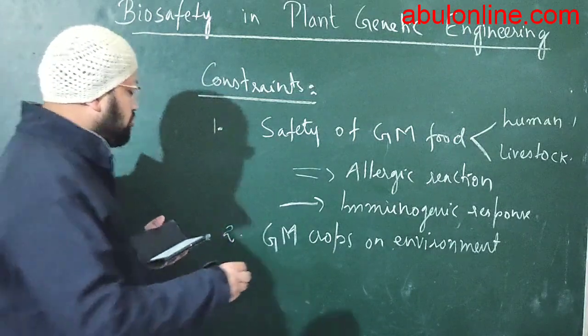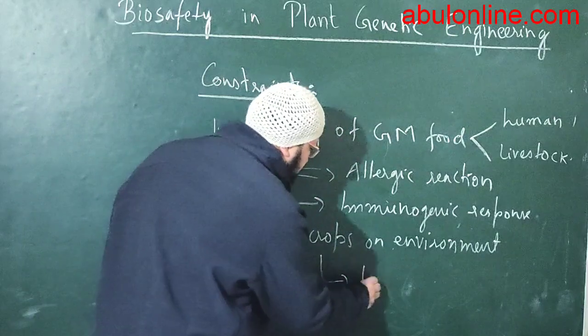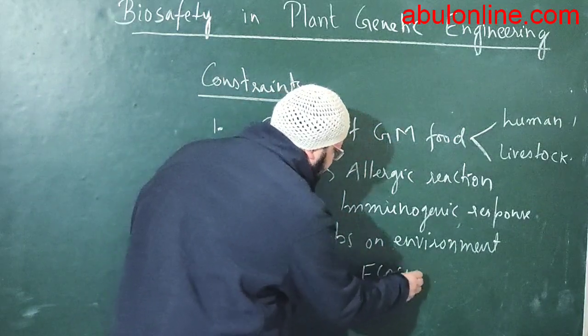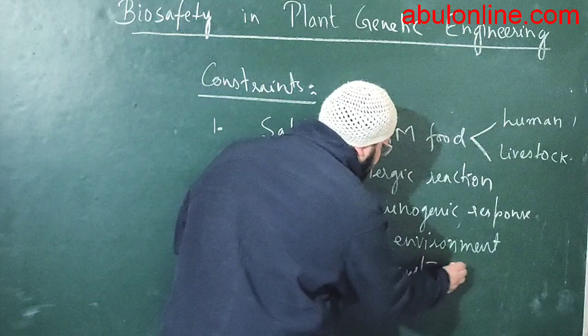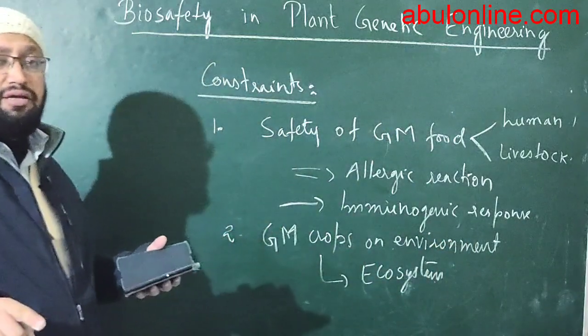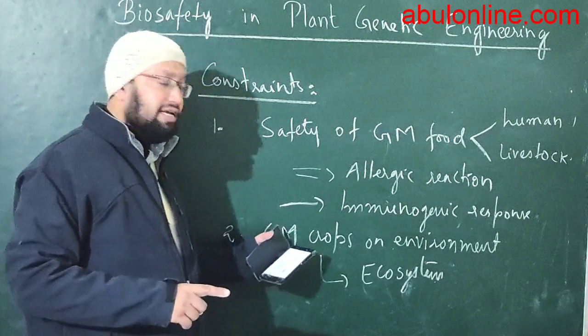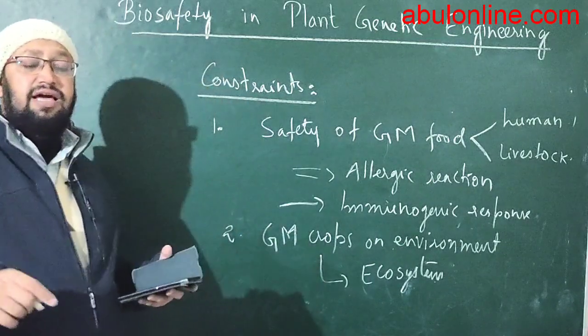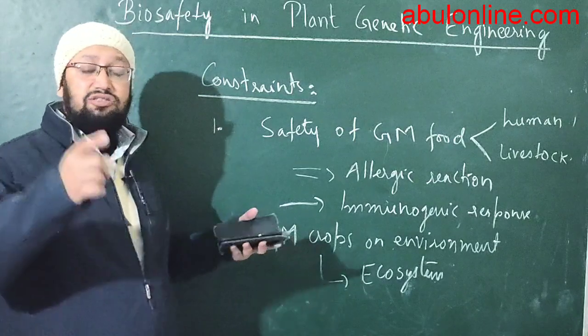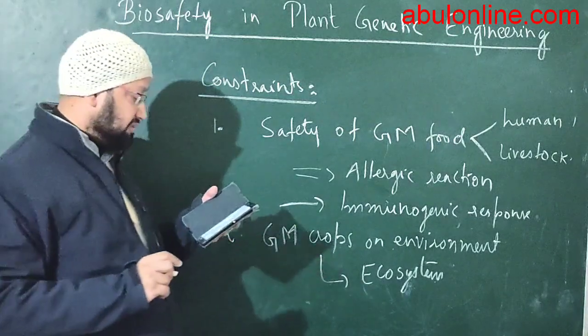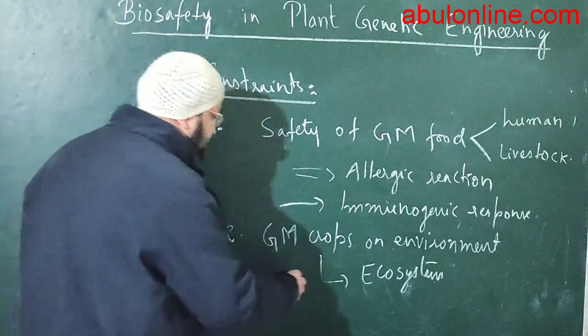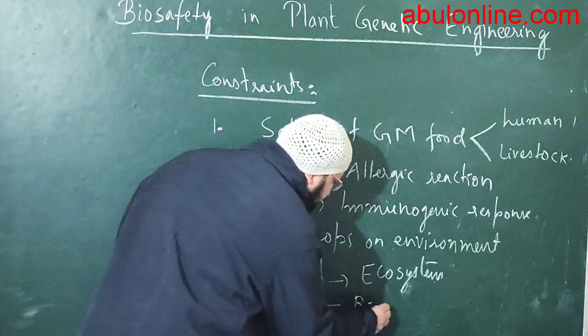You know that an ecosystem is an interaction between the biotic and abiotic components of the environment. So what type of interaction will our genetically modified crops have with the biotic and abiotic factors? In such a way they can affect biodiversity.